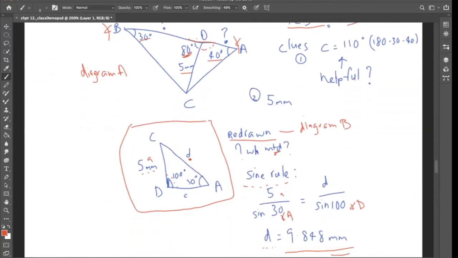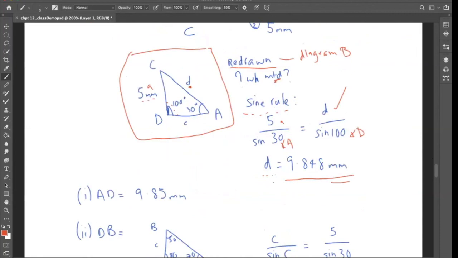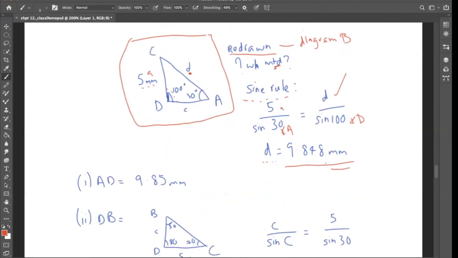So I redraw this with the information that's given. I know this is 100 degrees, 30 degrees, and then this is 5 mm. So I use the sine rule to solve for d. All right, so the hypotenuse is 9.84. So length AD is 9.84. Round to 2 decimal places, 9.85. Okay.